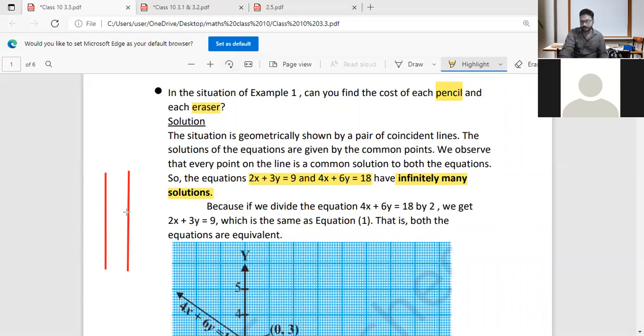Do you know what the word coinciding means? Coinciding means one line is overlapping with the other, so that finally we can see only one line because the other line is placed exactly on top of the other. Clear? That is what happened here.